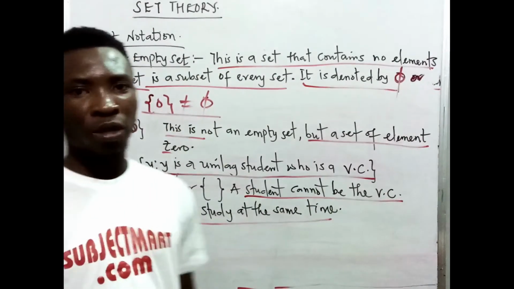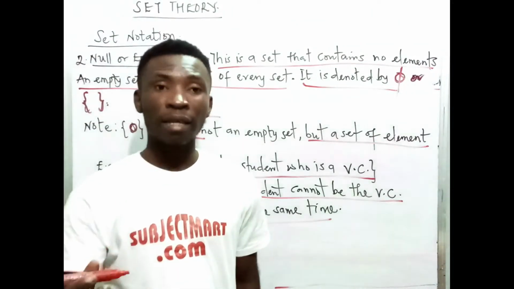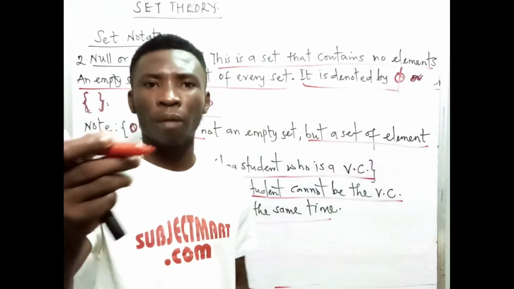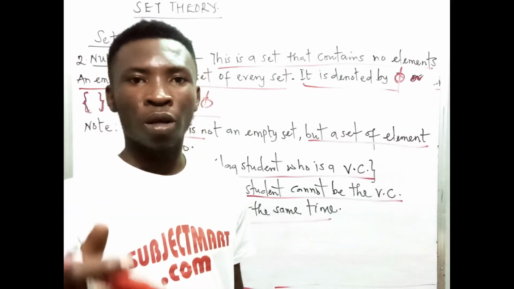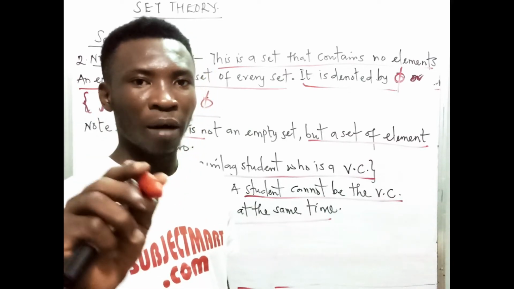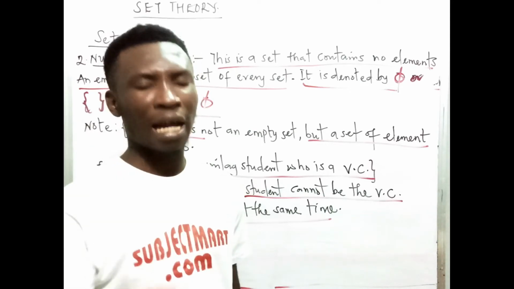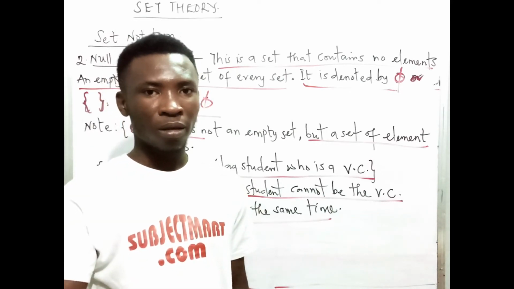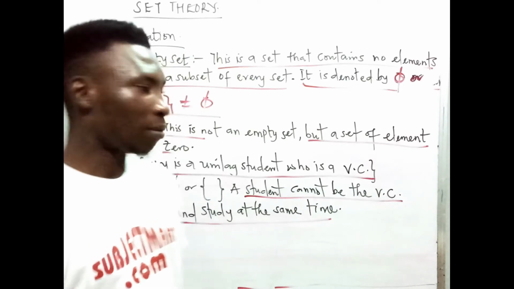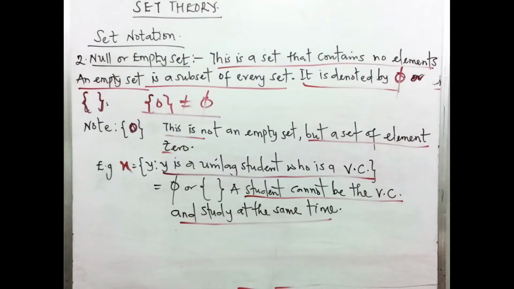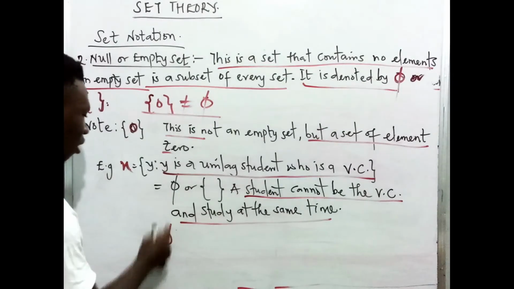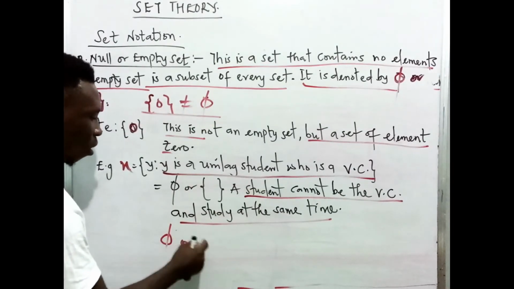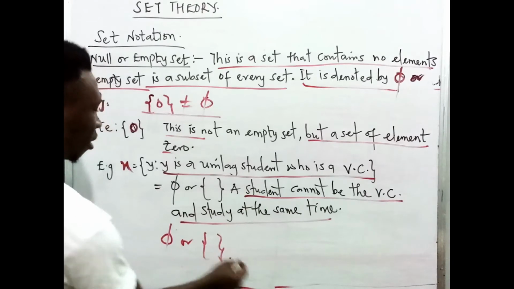For example, you watching this video, a set of a student who is a principal. A student cannot be a principal and also study at the same time. I believe you are understanding what I'm trying to say. So if you ask such a question, a student who is a principal, it is going to give you a null set or an empty set.